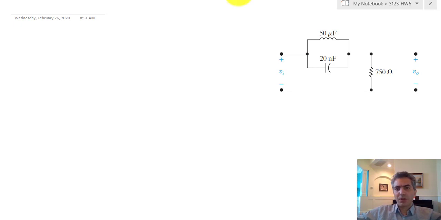In other words, I'm not going to use the values that are given here to begin with, and then once we develop all the equations, we can then replace the values in the equations that are developed. And that's more general, and it happens to be slightly more convenient too, since these numbers are relatively small, and working with these very small numbers while you're trying to develop the equation is not convenient.